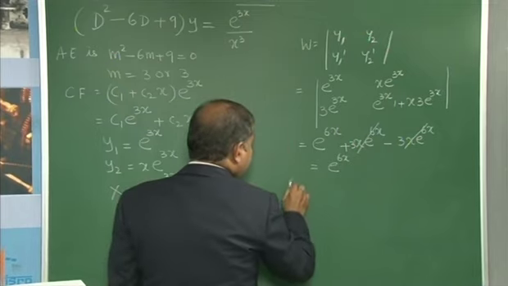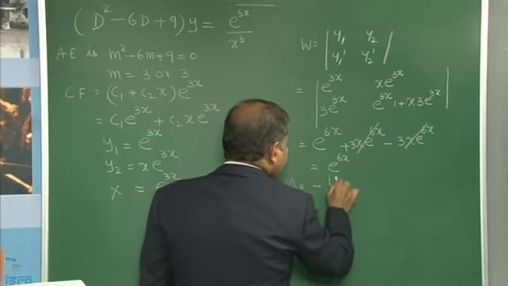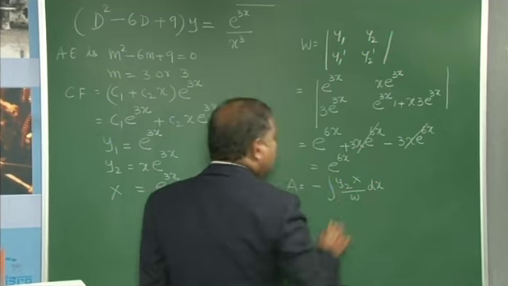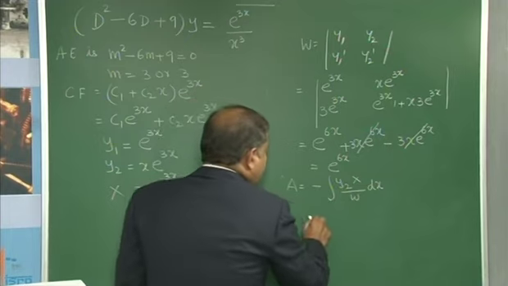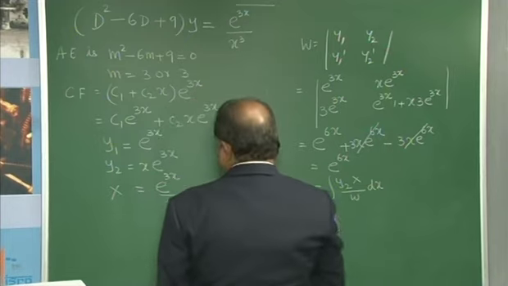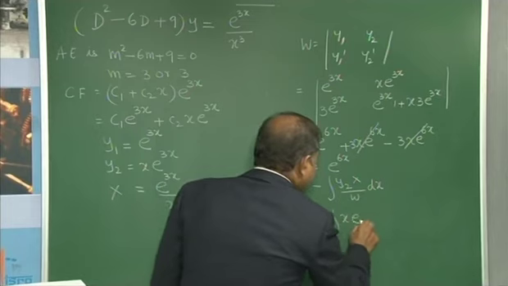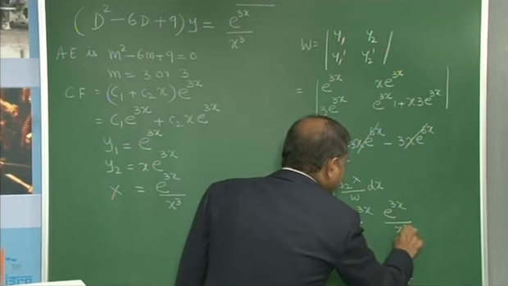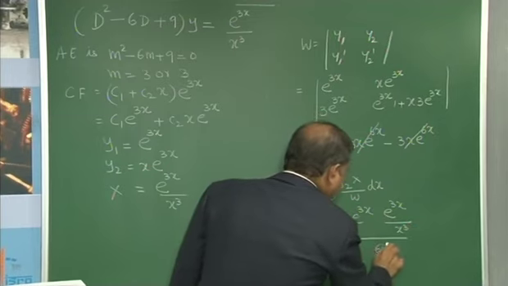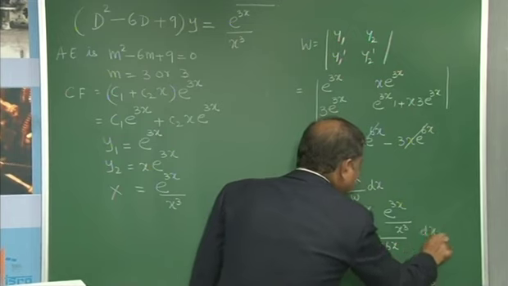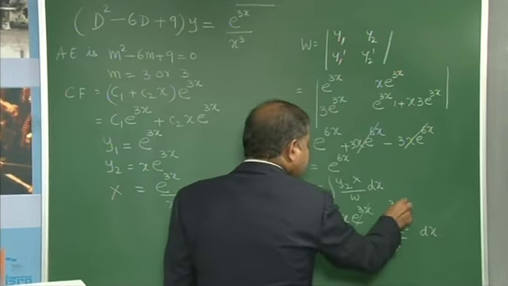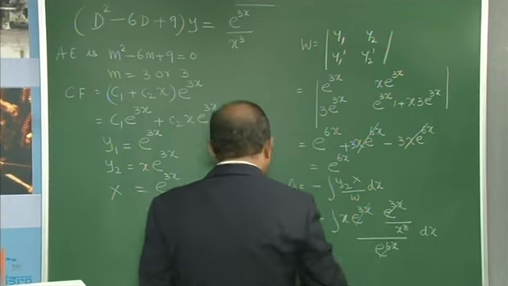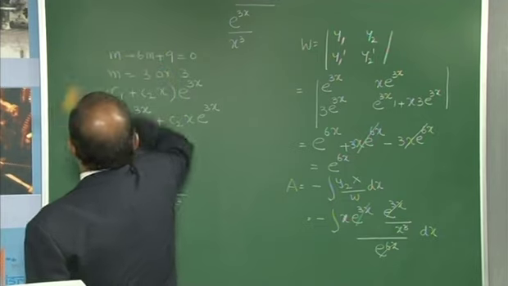Then calculate A value, minus integral y2 capital X by W into dx. That is minus integral y2, it is x e power 3x, capital X e power 3x by x cube divided by e power 6x dx. E power 3x, 6x gets cancelled, here one x also gets cancelled, I got only x square.